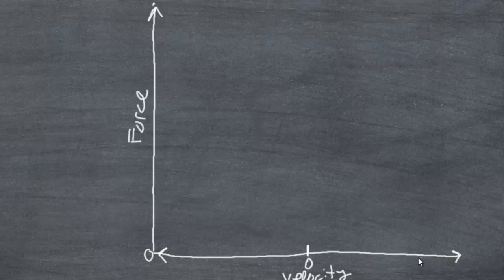So why have I done this? Well, let's see if we can explain it. I'm going to put another little line right up here. This line that I've just made in the center also represents force.